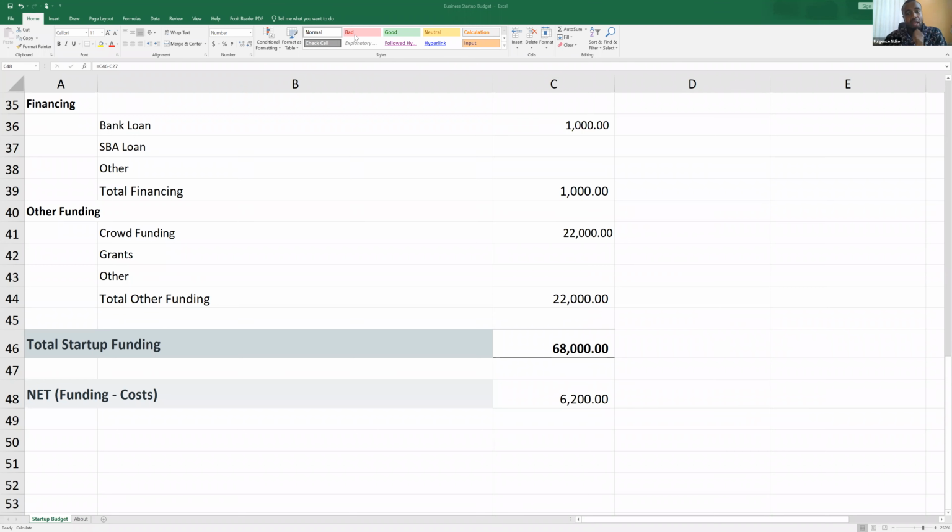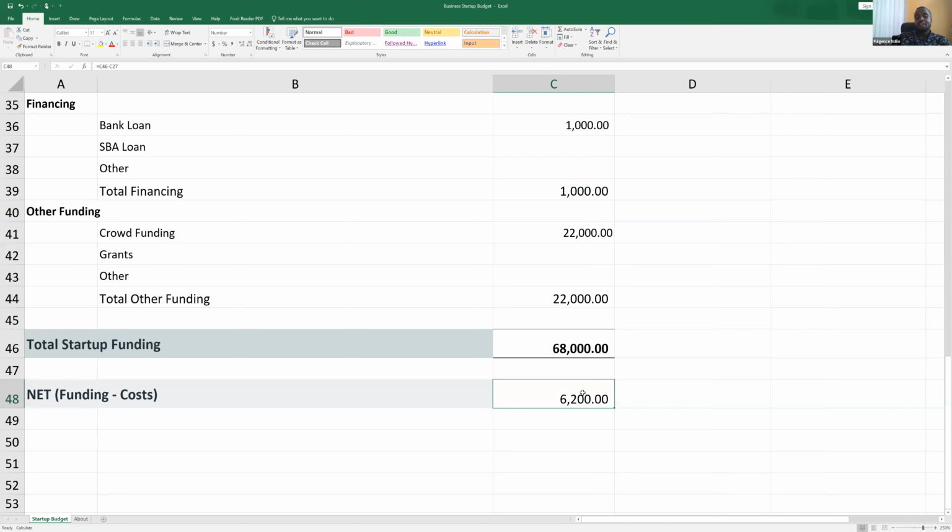Everything is okay. So basically, as I've said, the net here is the difference between your startup funding minus your startup expenses. So this is another template which you can use. And for me, I usually prefer this kind of template because it looks organized and it's well placed.